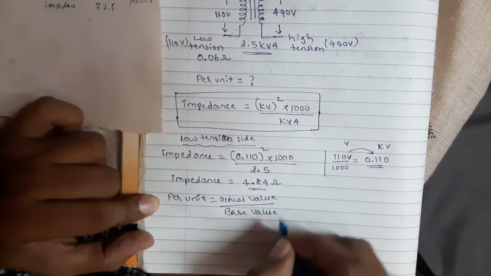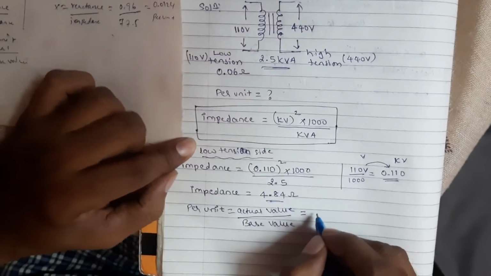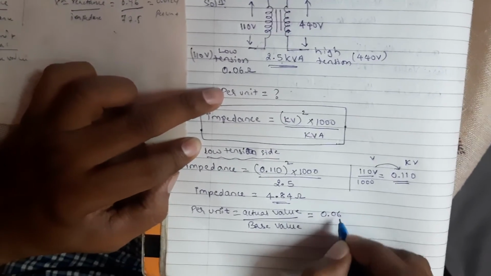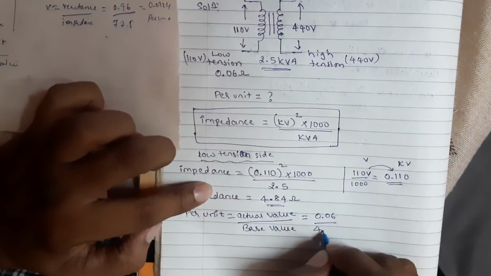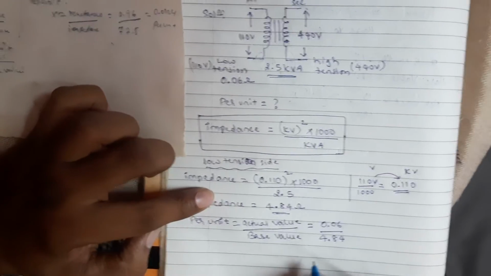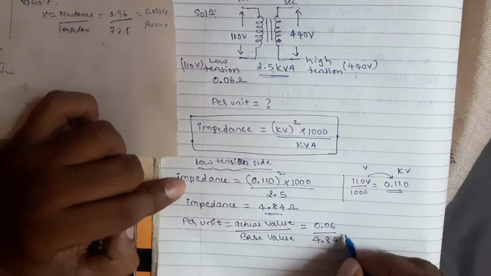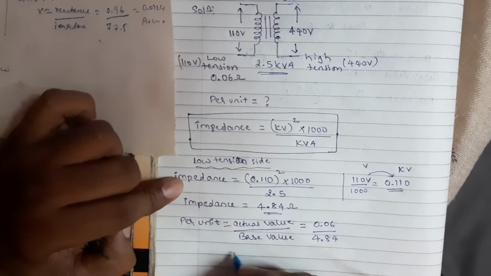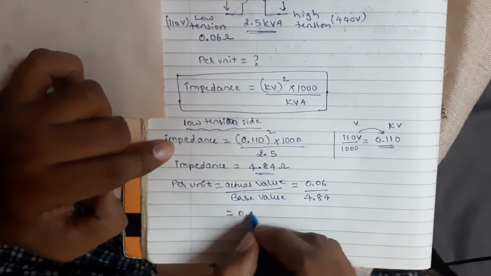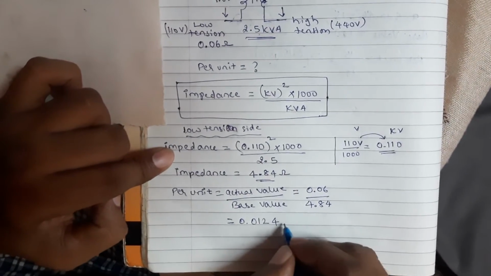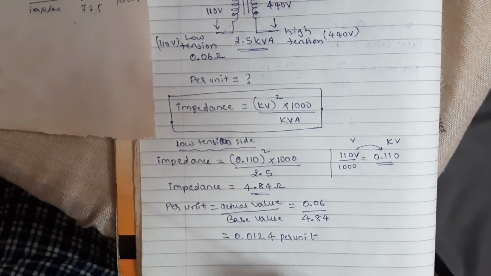The actual value they have given is 0.06 ohms, and the base value we have got here is 4.84. So the value is 0.0124 per unit.